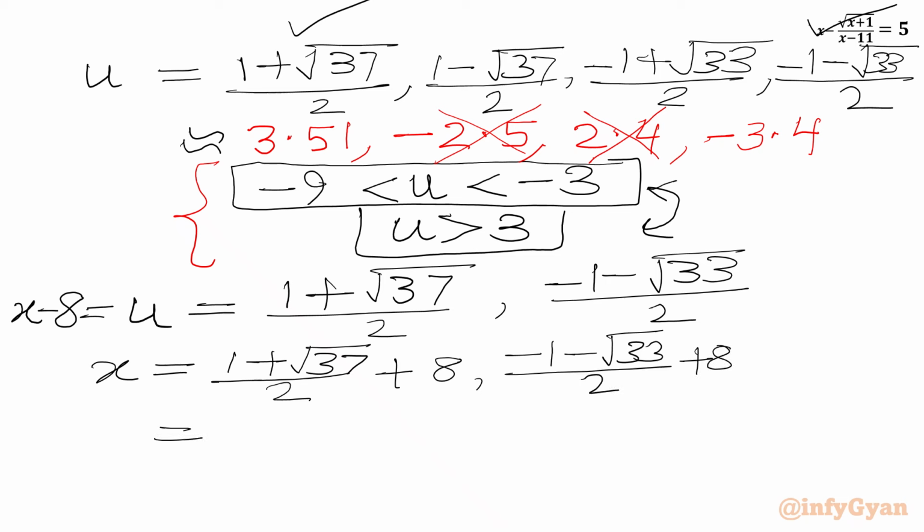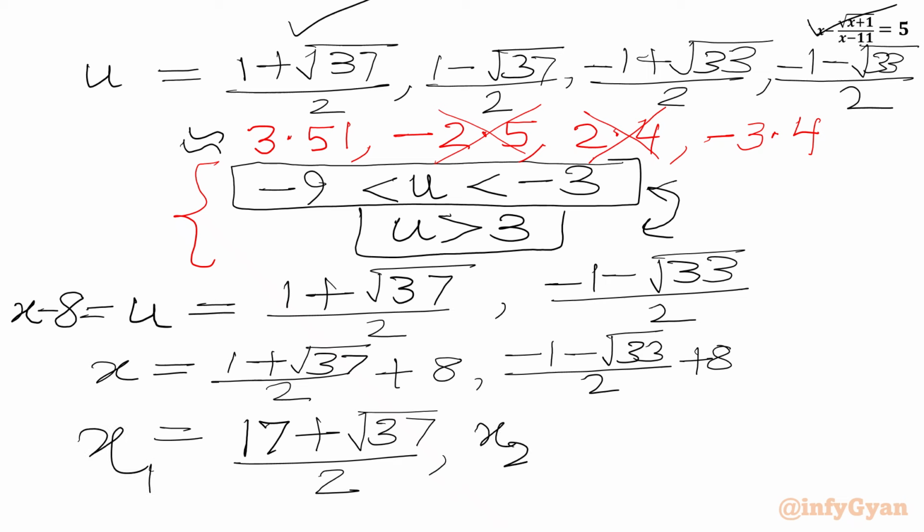So 16 plus 1, 17, plus square root 37 over 2 is our first real x. And for the second value, I will write here x2 equal to 16 minus 1, which is 15, minus square root 33 over 2.